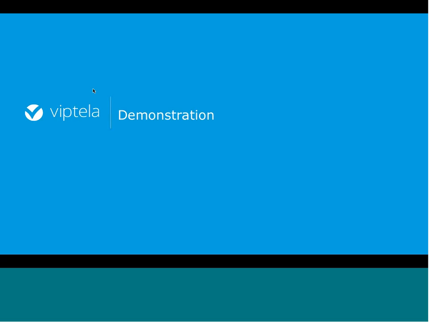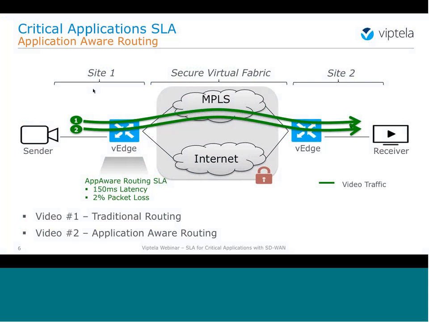All right, so let's move on to the demonstration. I will set the stage by explaining what you are going to be seeing. And again, as you've seen in the past couple of minutes, it's a very comprehensive set of functionalities to be able to deliver the SLA assurances to the applications.